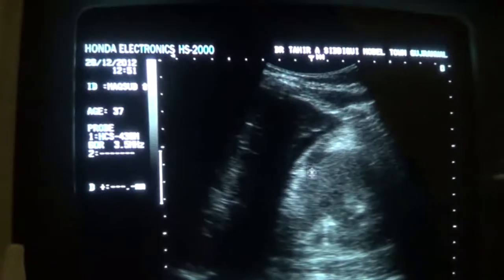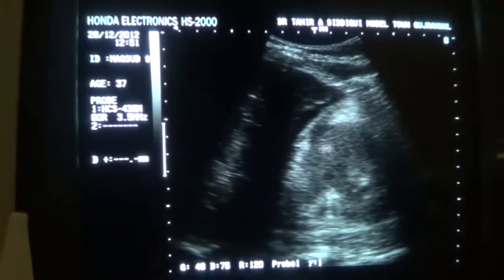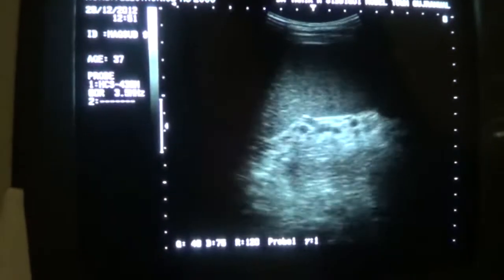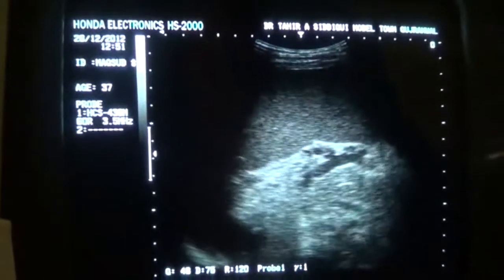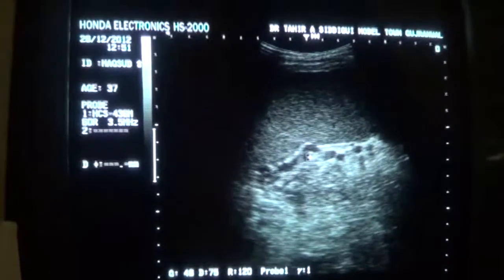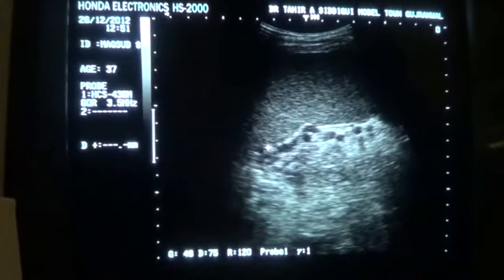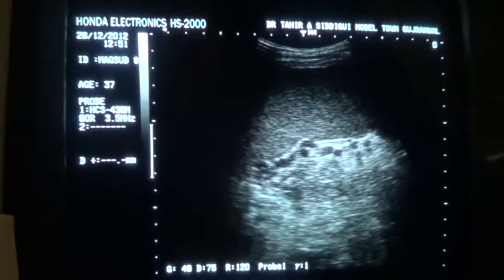This is the fluid in the peri-nephric space. This is the renal parenchyma at the upper pole. This is the spleen. See the varices, hilar region varices. These tiny cystic areas are all representative of collaterals.